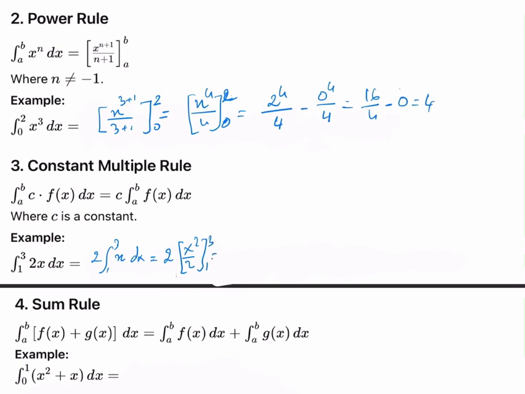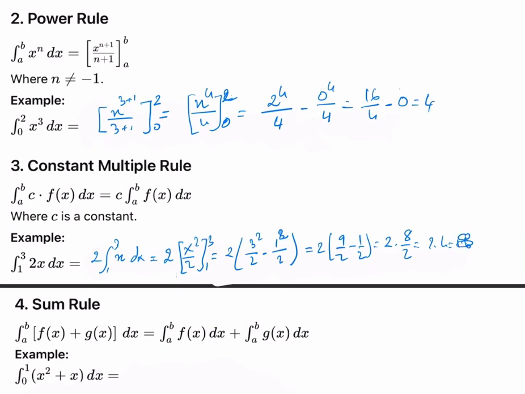It is 2 times 3 to the power of 2 over 2 minus 1 to the power of 2 over 2, which is 2 times 9 over 2 minus 1 over 2, which is 2 times 8 over 2, which is 2 times 4, which is 8.